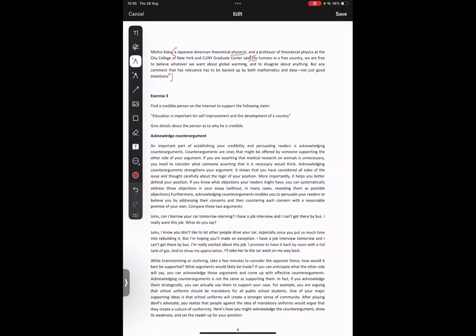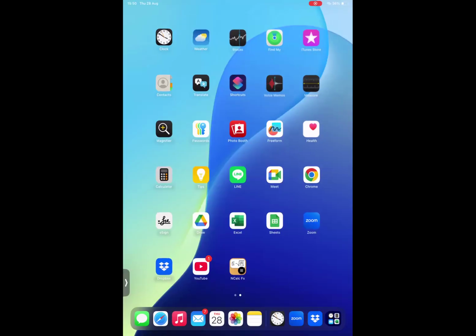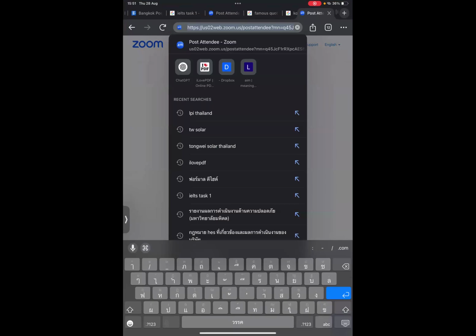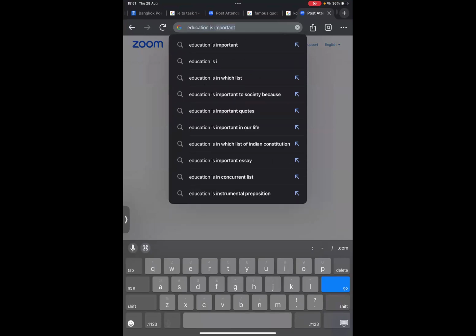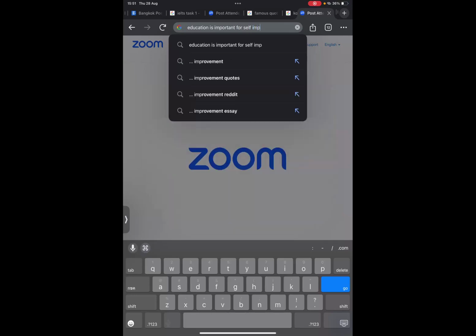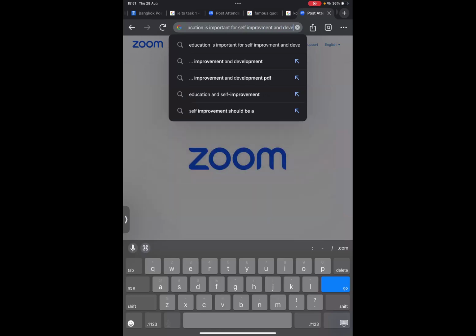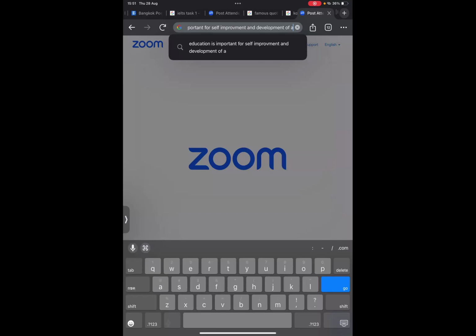Education is important for self-improvement and development of a country.